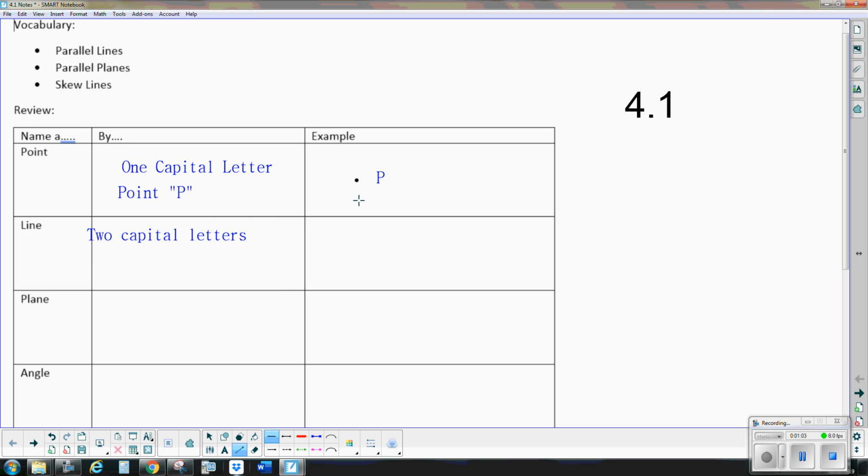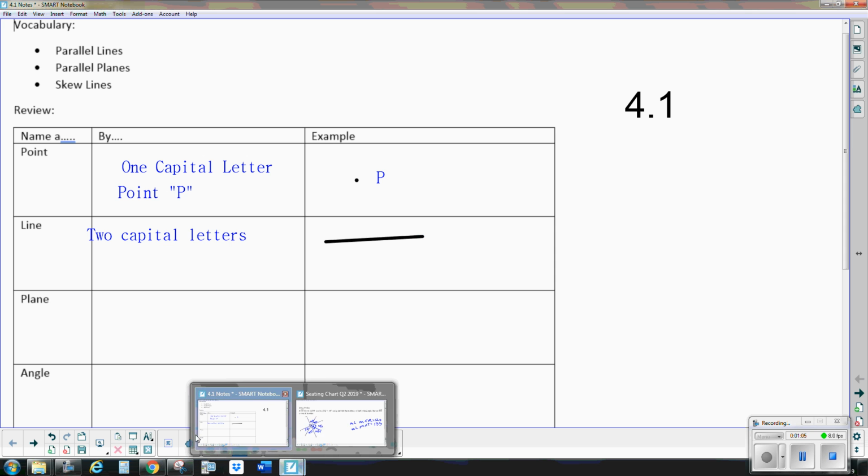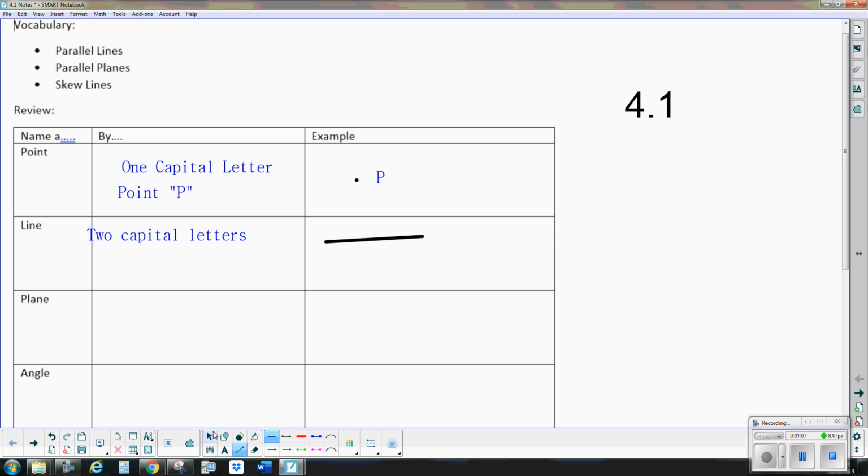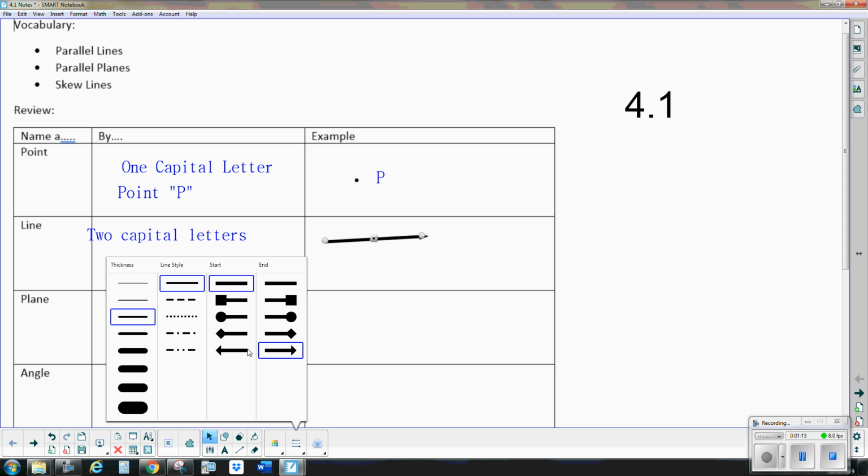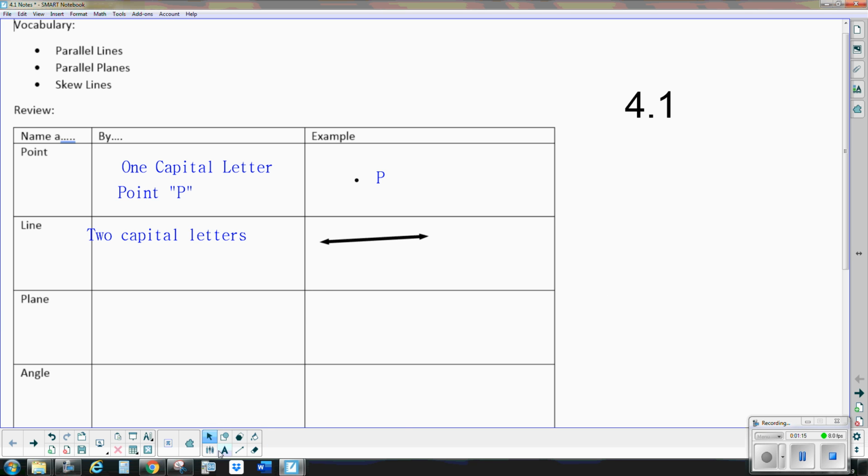So often you'll see a line and you'll see 2 points on that line that will be marked. So you'll see maybe point A and point B that are marked. And so we'll say line AB.